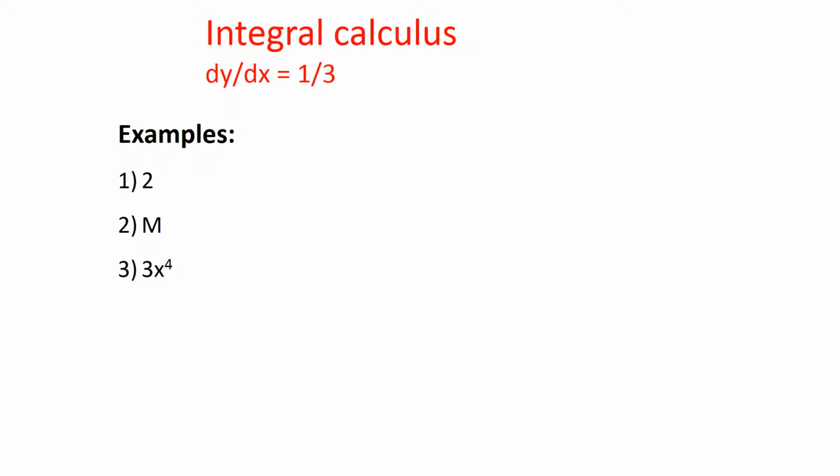We're going to divide by n plus 1, so 0 plus 1 is 1, and then we're going to increase our power to n plus 1, so 0 plus 1 is 1, plus c. So 2 divided by 1 is just 2, and x to the power of 1 is just x, plus c. So that's the answer for that one.